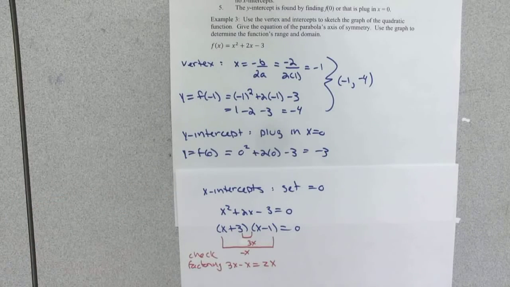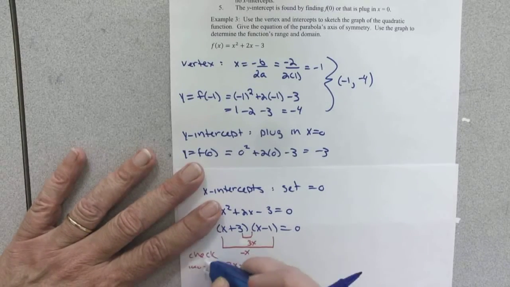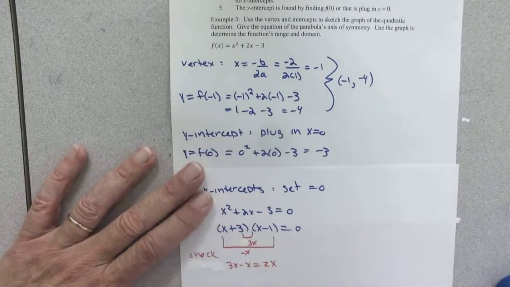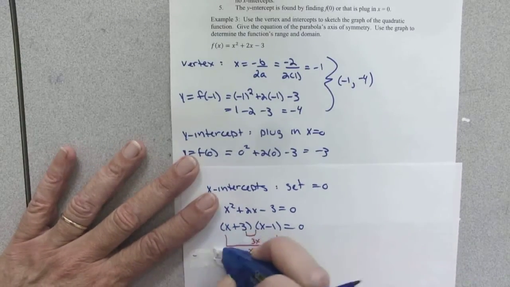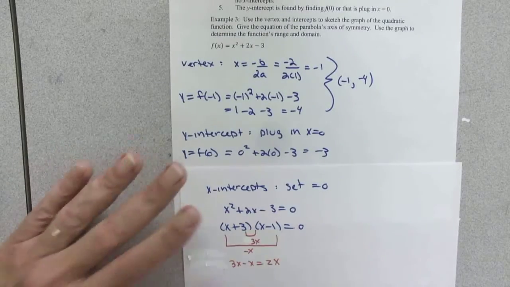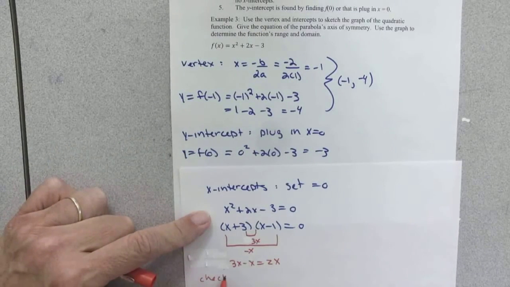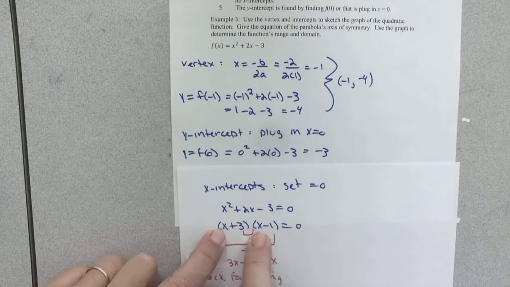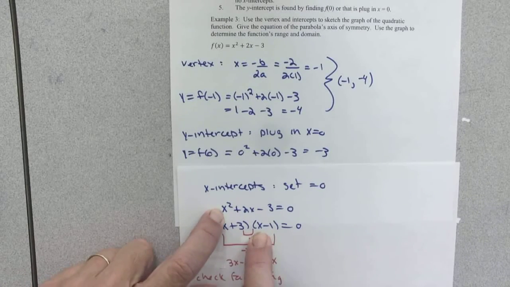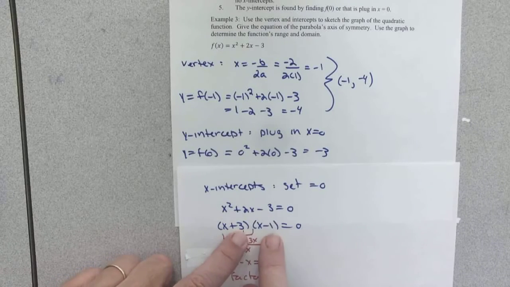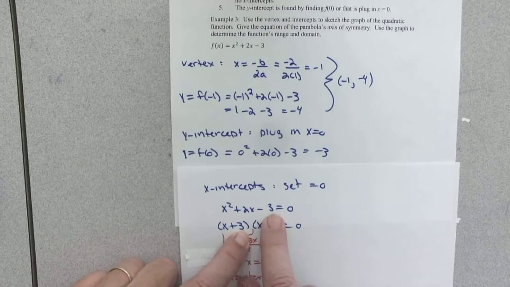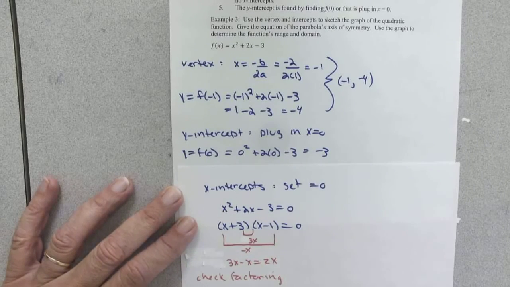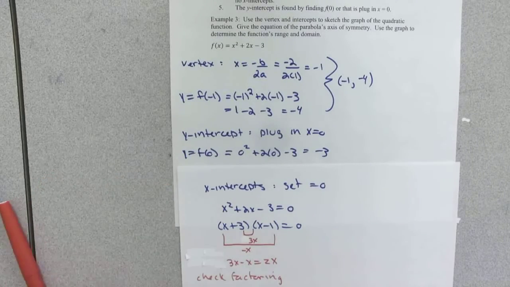You don't have to do that, but that's just me reminding you about factoring. Check factoring. And that is certainly an optional step, but just reminding how we're going to factor these guys. First terms multiplied by first term, so only choice I have for x squared is x and x. Last terms multiplied by last term, 3 times -1, -3. And then I do the outside and inside just like FOIL to check that middle, and it works out.